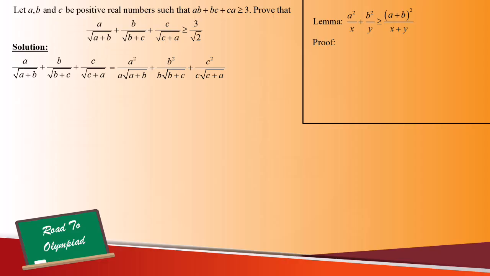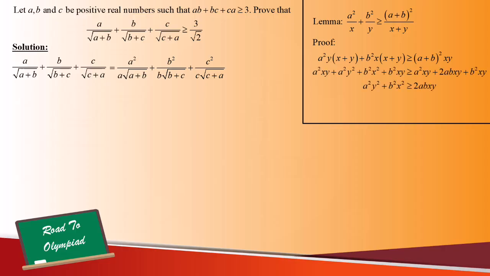We notice that by multiplying the common denominator xy times (x plus y) to both sides, we have a squared y times (x plus y) plus b squared x times (x plus y) is greater than or equal to (a plus b) the whole thing squared times xy, which can be expanded and simplified into a squared y squared plus b squared x squared is greater than or equal to 2abxy.